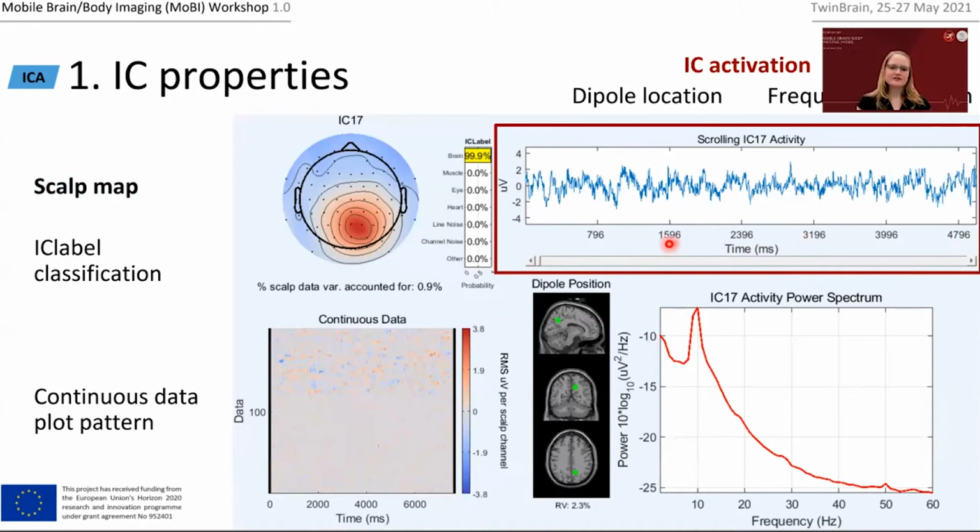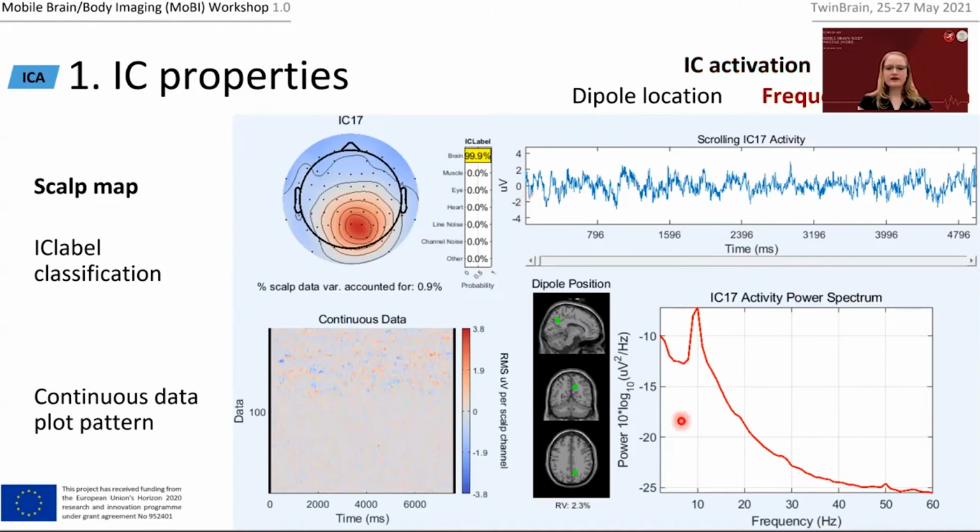This is something that can be really interesting and something you should pay attention to: the scale here, because you're going to see, for example, that eye movement has a really large scale, whereas brain activity has a lower scale. So this can be really informative about the magnitude of this activity.